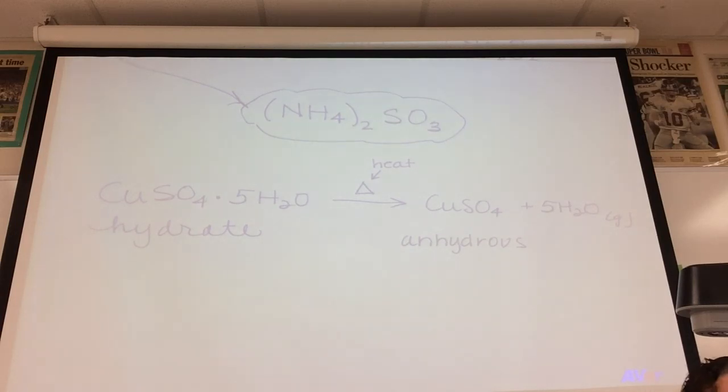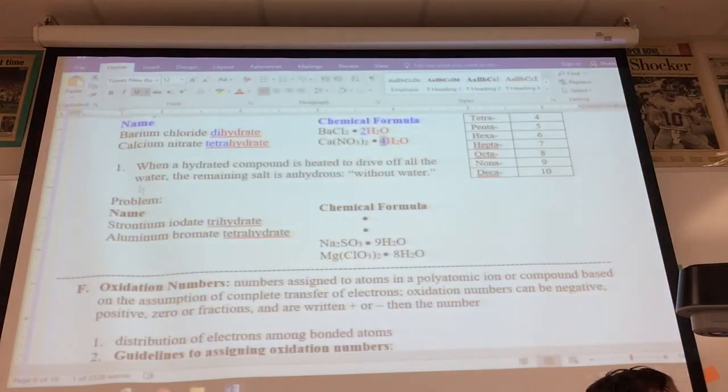And let's just see if we can name these and write chemical formulas. I think you'll find it to be very straightforward. So what we're looking at here, the first one says strontium iodate. How would we write the chemical formula for strontium iodate? Strontium has what charge? 2 plus.